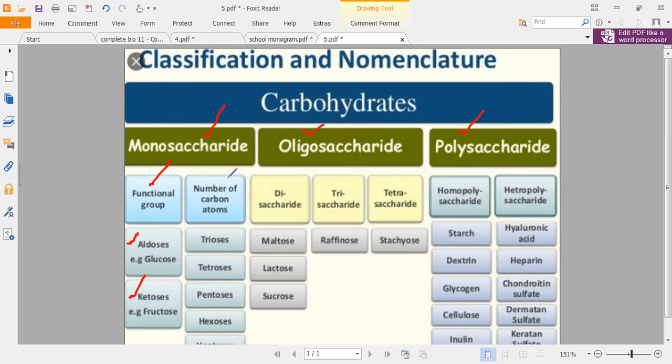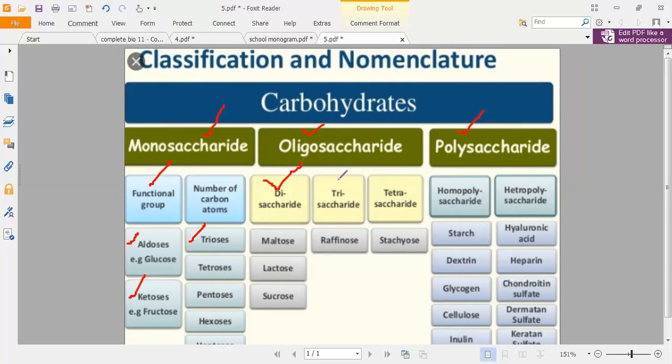If we talk about the number of carbon atoms, monosaccharides have at least three carbon atoms, so they are trioses, then tetroses, pentoses, hexoses, and heptoses. Oligosaccharides with two monosaccharide units are called disaccharides. These are the most commonly found.